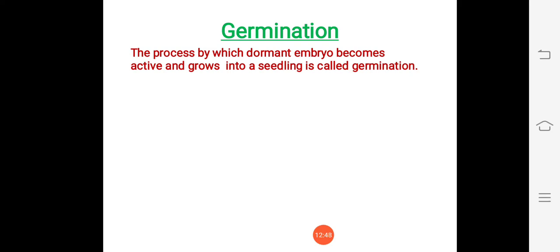Next, germination. The embryo lies dormant in the seed until conditions are favorable. What is germination? The process by which dormant embryo becomes active and grows into a seedling is called germination.